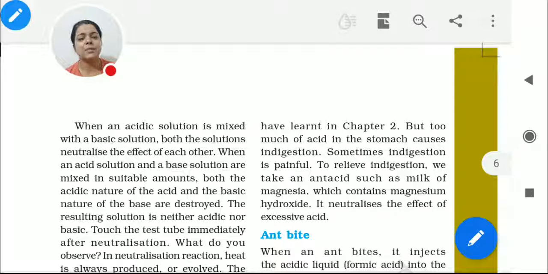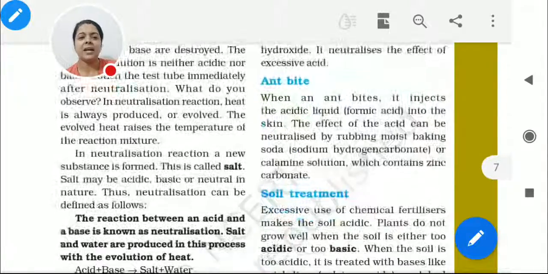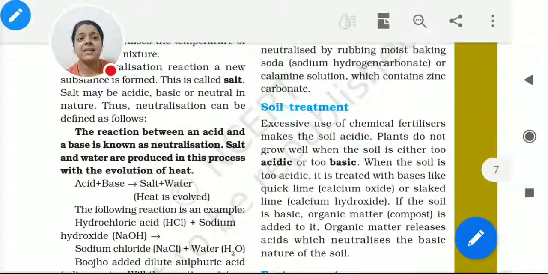Now the question comes, does something else get produced? Yes, undoubtedly. When acid and base combine, in the process of this neutralization reaction, two things appear. Those two things are salt and water.